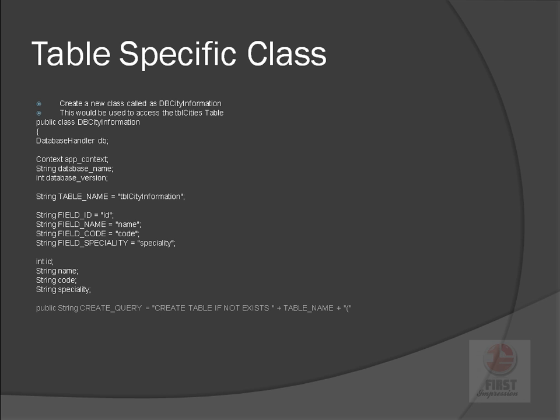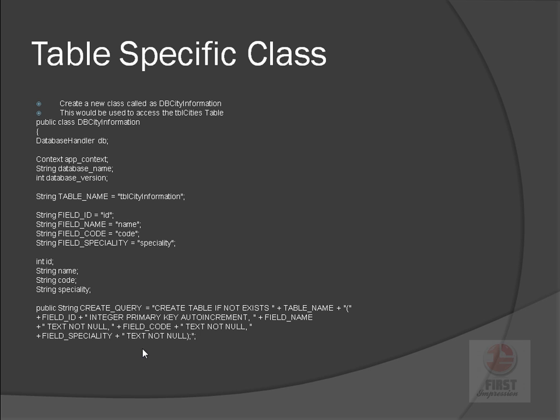Okay, so we'll also create a create query, public string create query. We'll say create table if not exists. The table name over here will be replaced by TBL city information. Then we'll have field ID, field name, field code and field specialty. Let me explain this to you.